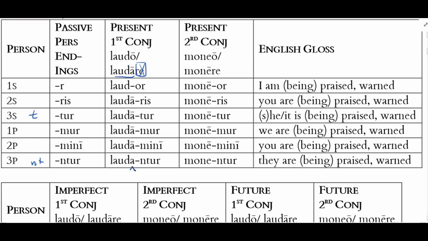So I am praised. And then otherwise we have lauda with the long A. And then it's a short A here for the simple reason that in our ant and trim principle, whenever we have a vowel before NT in any position, it always shortens the long vowel. Okay? The T, R, and M for ant and trim.